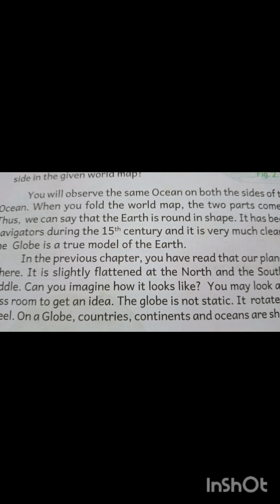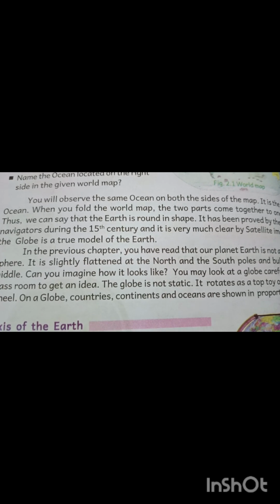You will observe the same ocean on both sides of the map. It is the Pacific Ocean.